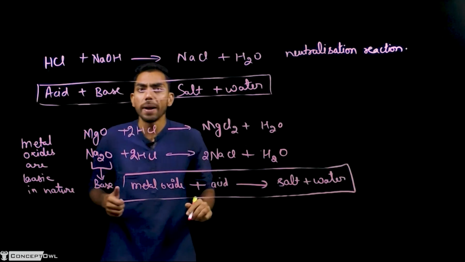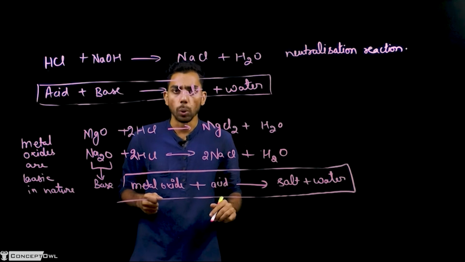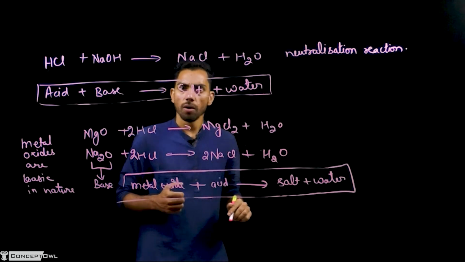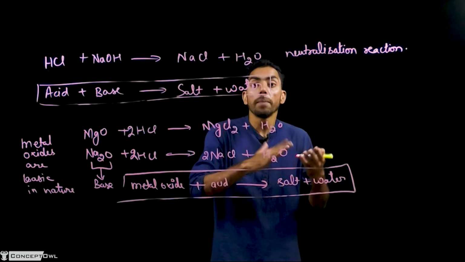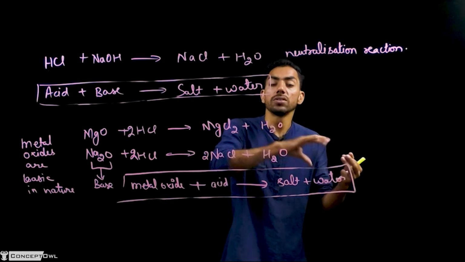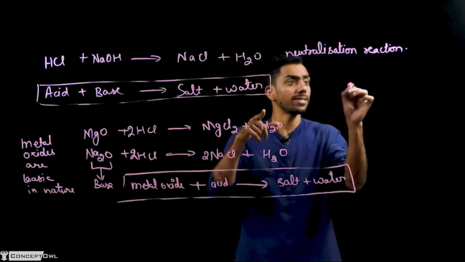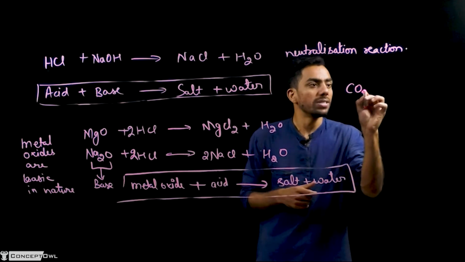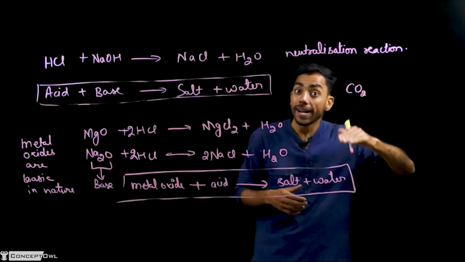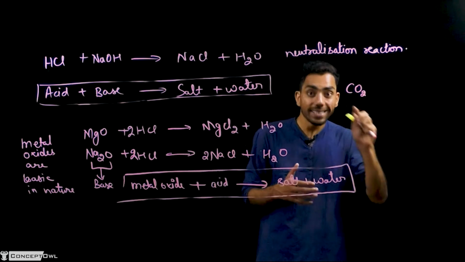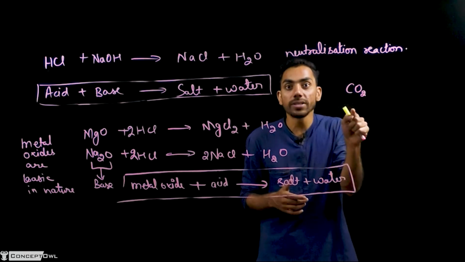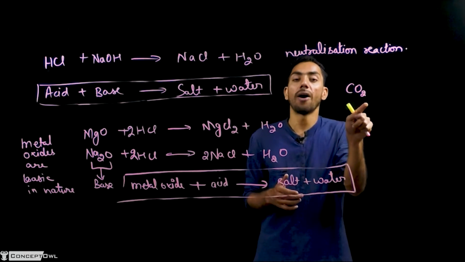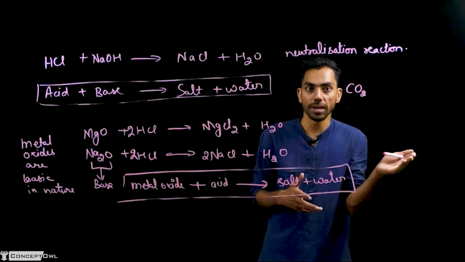Now what about non-metallic oxide? For non-metallic oxide you need a non-metal, and with that, oxygen. So carbon is a non-metal, no? Yes, carbon is a non-metal. So CO2, this is a non-metal oxide. Carbon dioxide is the oxide of a non-metal. So this is our non-metallic oxide.